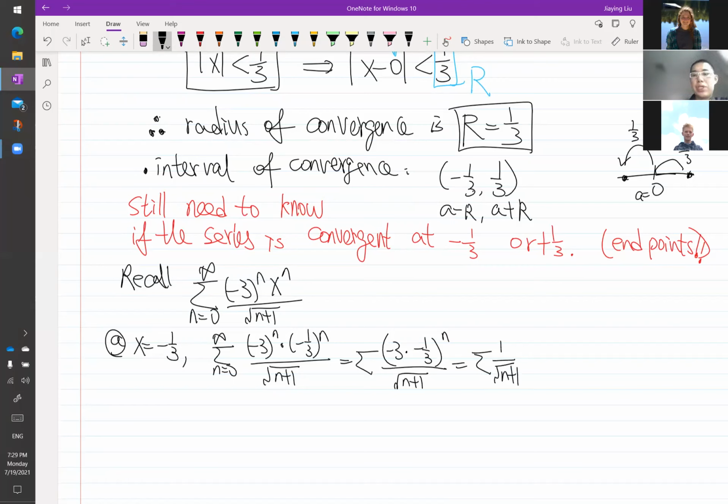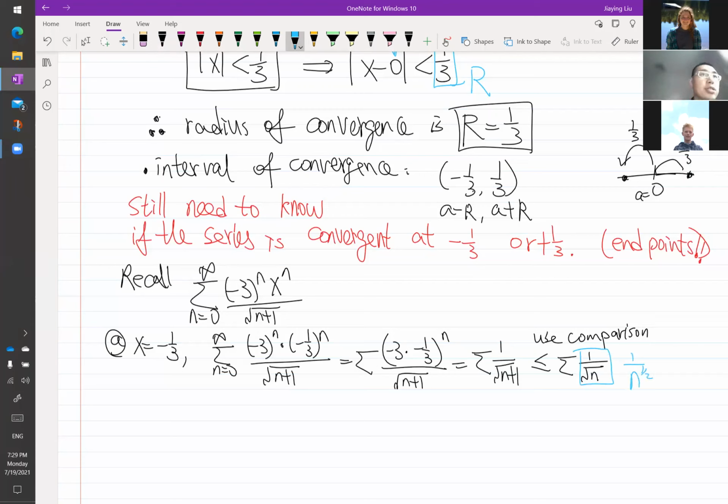Is this convergent or divergent? Well, I don't know, but because the denominator has two terms, n and 1 added, I can use the comparison test quickly. So that's going to be less than or equal to the series 1 over the square root of n, which is 1 over n to the half.